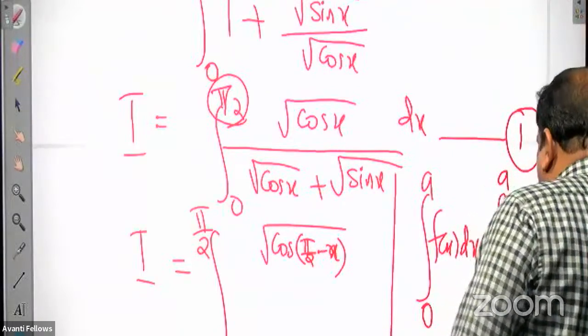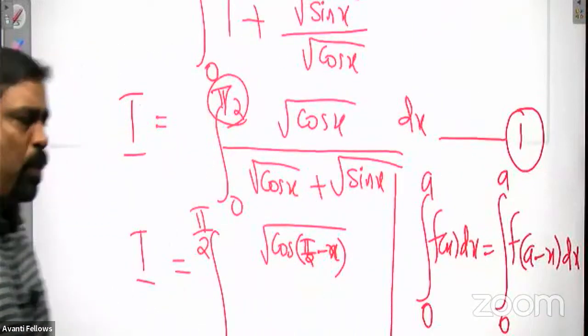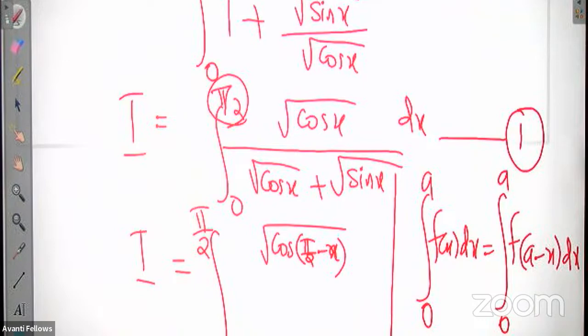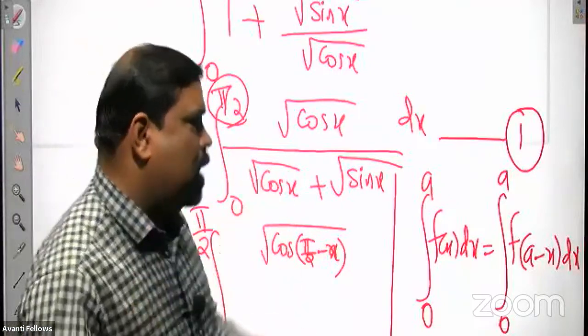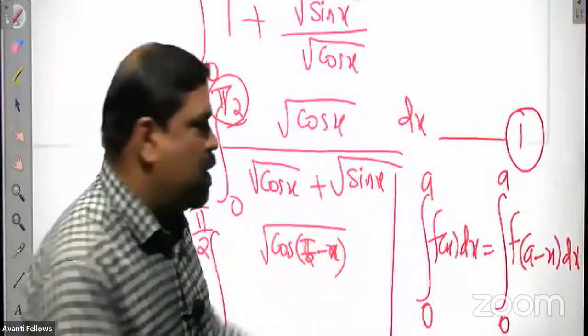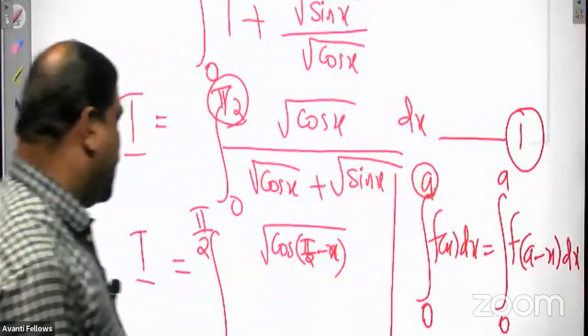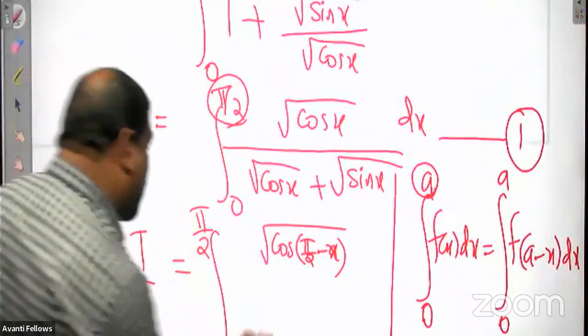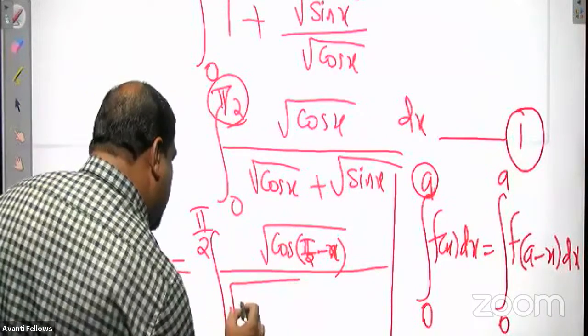It's a very important property. Usually questions are asked using this property. That means wherever x is there in the function, we can replace it by a minus x, where the limit is 0 to a. So here the limit is 0 to pi by 2, which means wherever x is there in the function, we can write pi by 2 minus x.